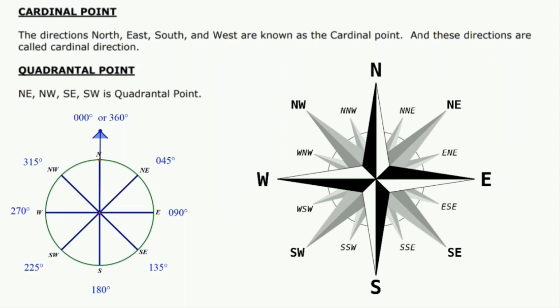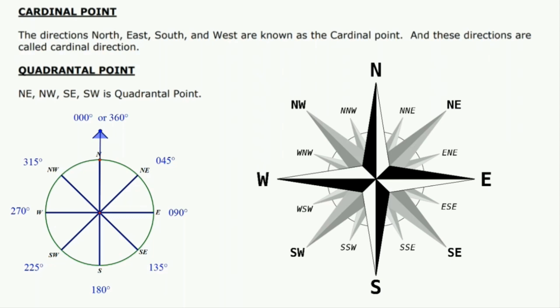For the north we can say 000 or 360 degrees. On the left picture you can see the east will be 090, the south will be 180 and west will be 270 degrees. So there are 4 cardinal points: north, east, south and west.